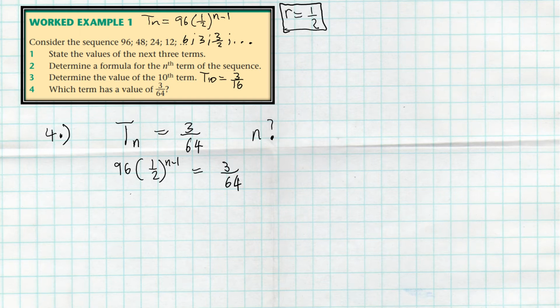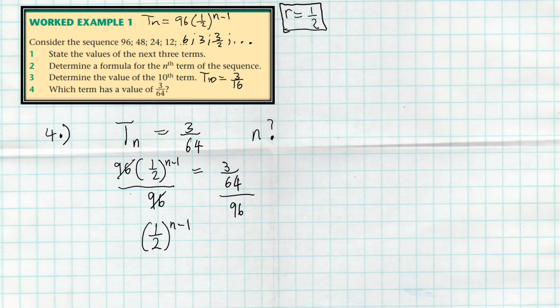To solve here, I'm just going to divide both sides by 96 to cancel that 96, and I'll be left with 1 over 2 exponent n minus 1. So 3 over 16, is it 64?